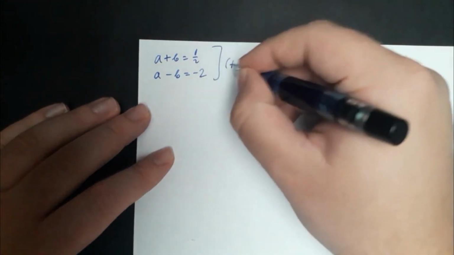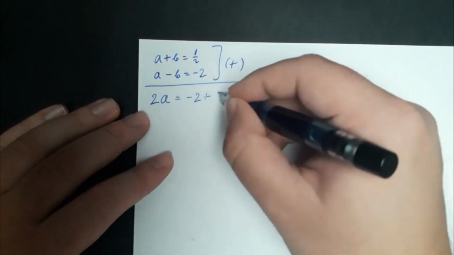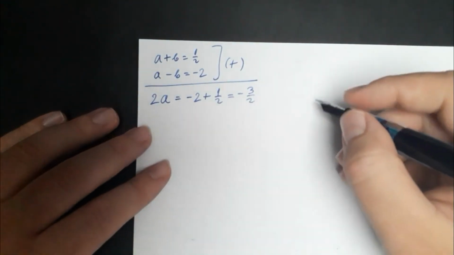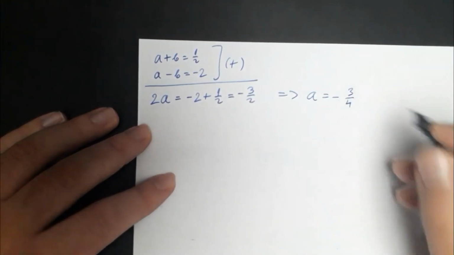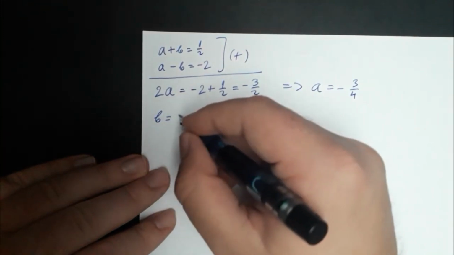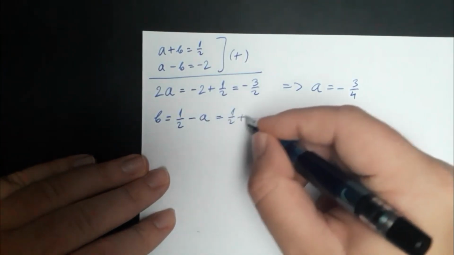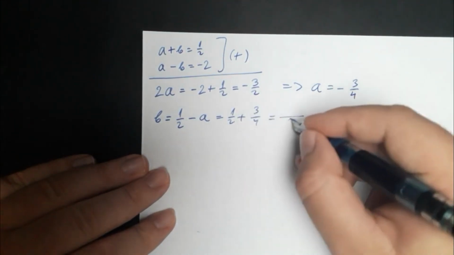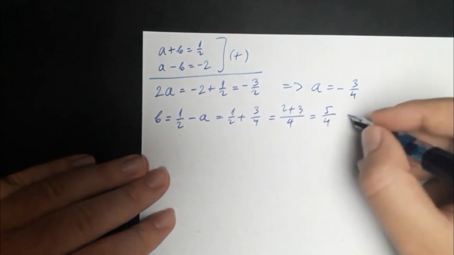So when we add these equations, we get that 2A is equal to negative 2 plus 1/2, which is negative 3 divided by 2. We get that A is equal to negative 3 divided by 4. And B is equal to 1/2 minus A, which is equal to 1/2 plus 3 divided by 4, which is equal to 2 plus 3, which is 5 divided by 4.